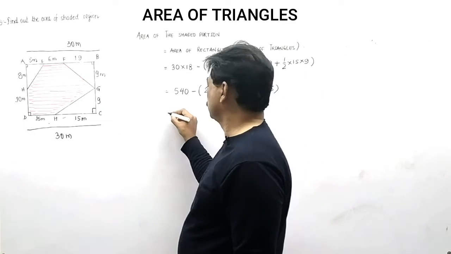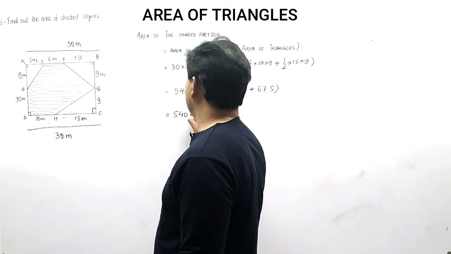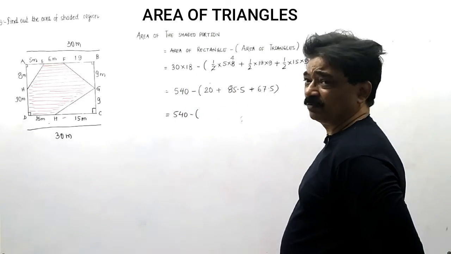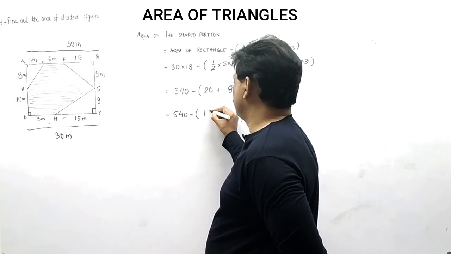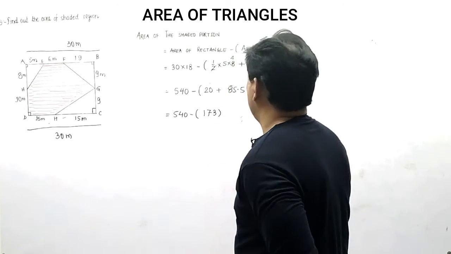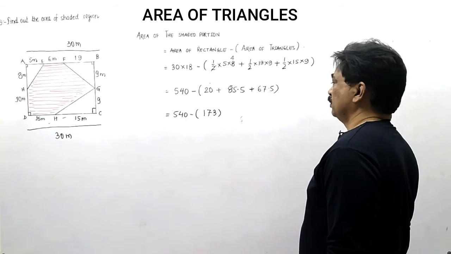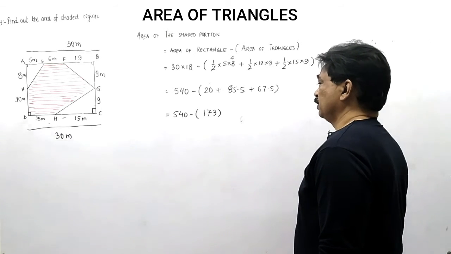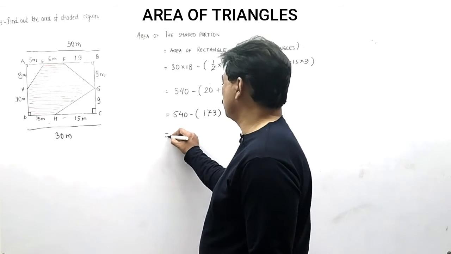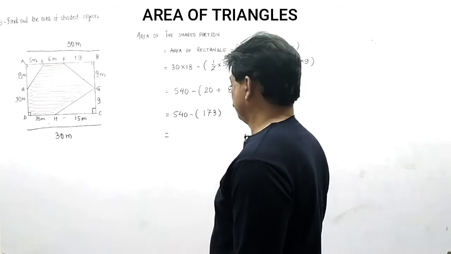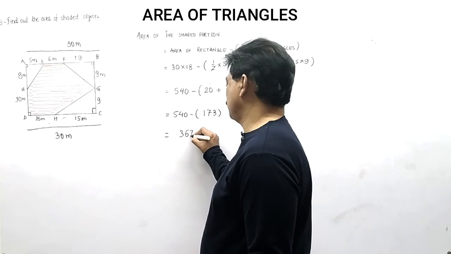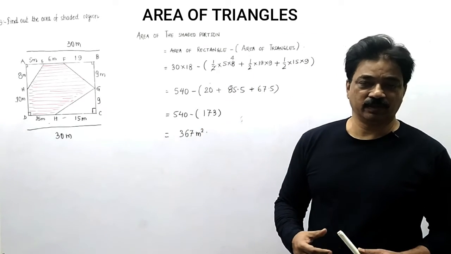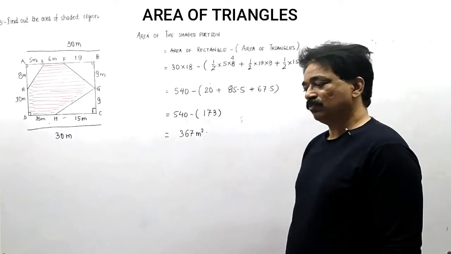So the sum of 20 plus 85.5 plus 67.5 is 173. And 540 minus 173 is 367. So 367 meter square is the area of the shaded portion. Did you understand? Now let us see some more questions.